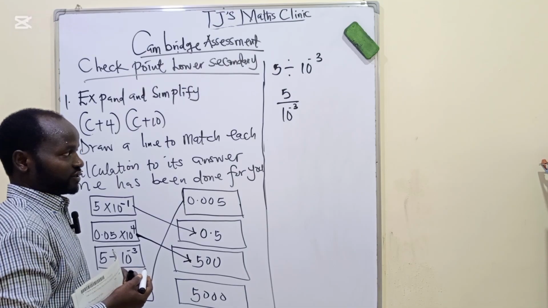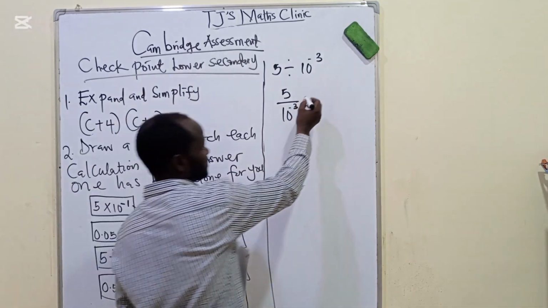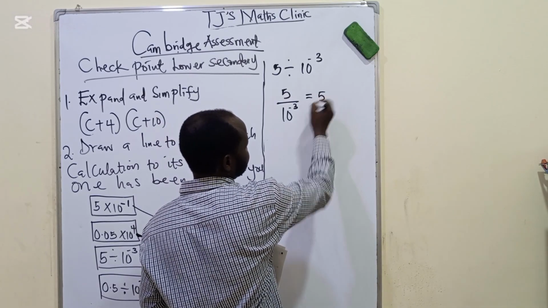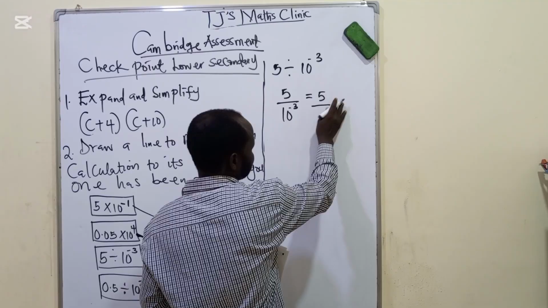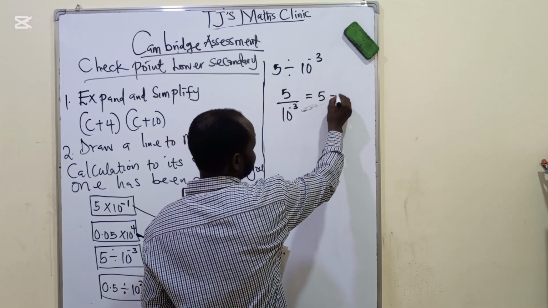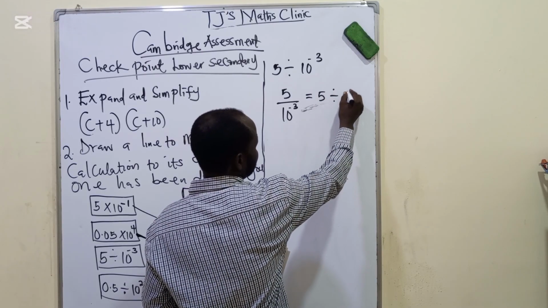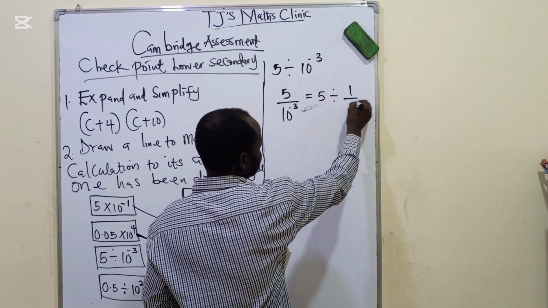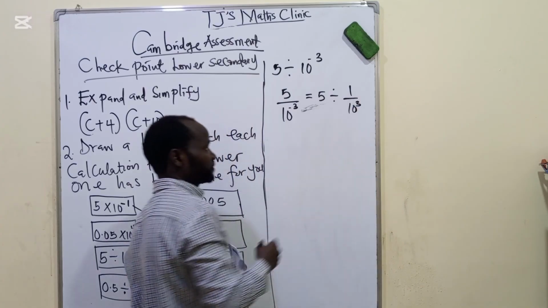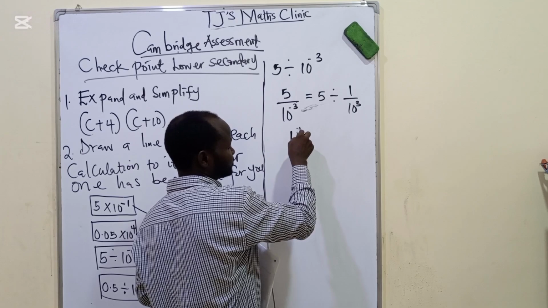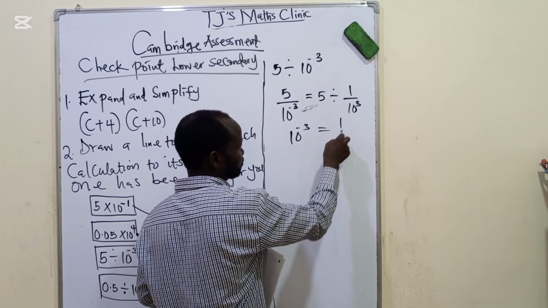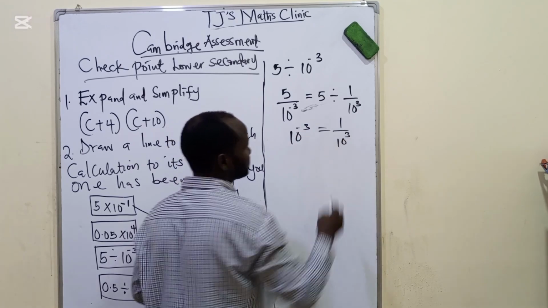There are many ways we can express this. We can say 5 divided by 1 divided by 10 power 3, using the negative law of indices, because 10 power minus 3 is the same thing as 1 divided by 10 power 3.